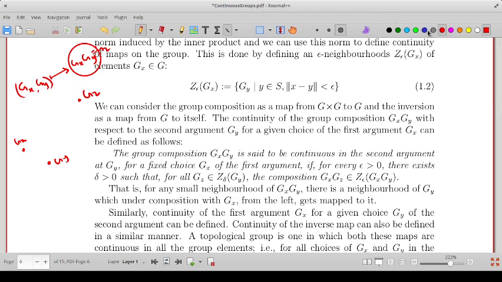So we first consider an epsilon neighborhood of this element gz. Remember, gz is simply the product gx gy. So we consider an epsilon neighborhood of this.